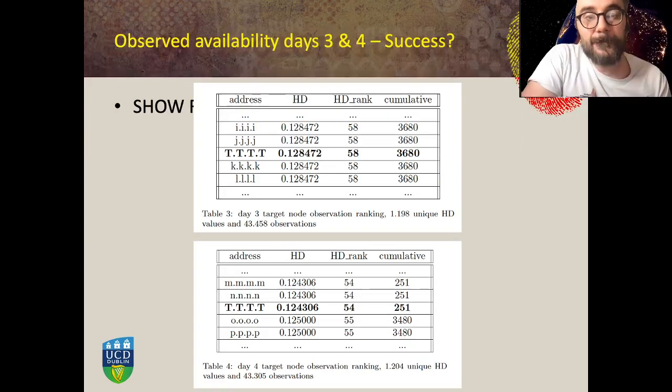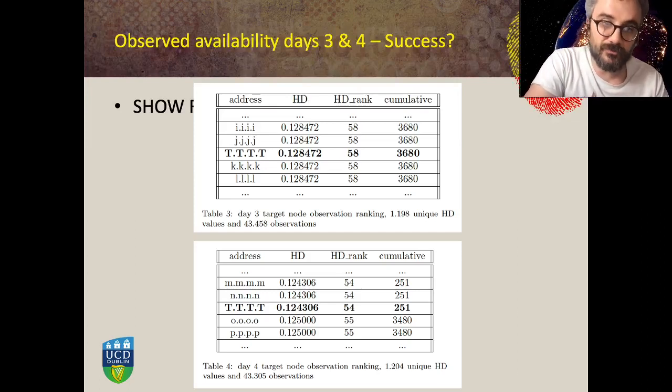And we repeated the experiments for days 3 and 4, with the given availability pattern of 7 hours on, 1 hour off, 7 hours on, 1 hour off. We had our measurement infrastructure in place. We generated about 43,000 availability vectors of all the nodes available on the network.